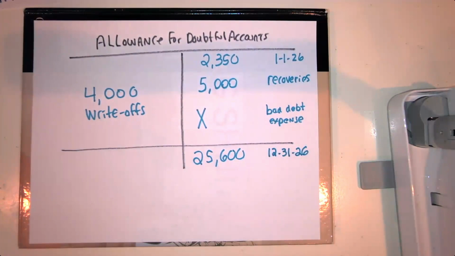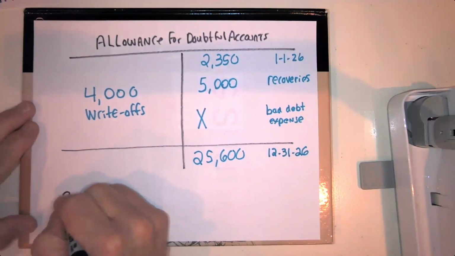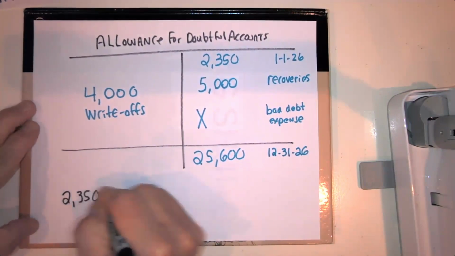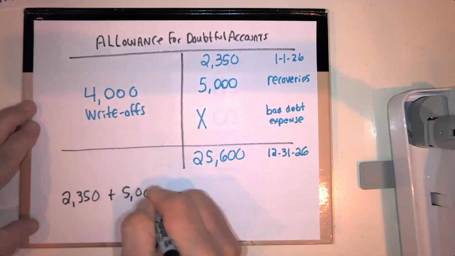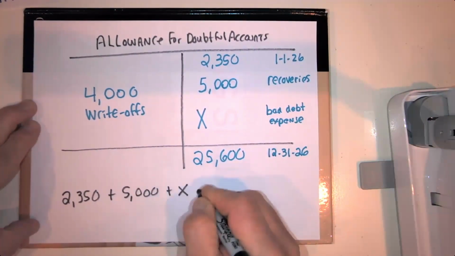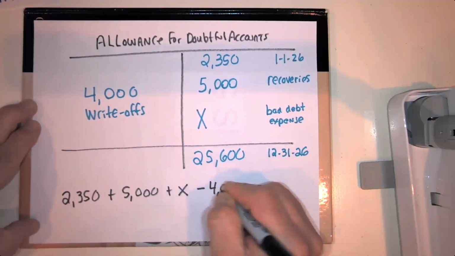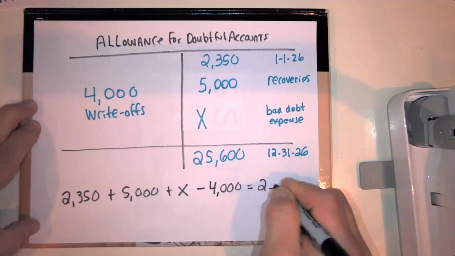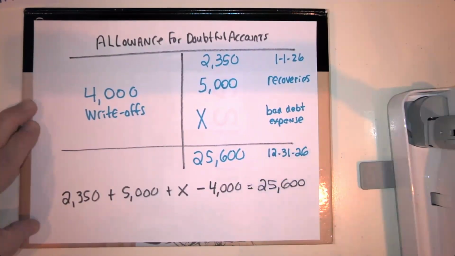And now it becomes a matter of working the T account, right? You guys know how to work a T account. I'll do the arithmetic here just so you can see it, but you should be able to do it. 2,350 plus 5,000 plus X minus 4,000 equals 25,600.